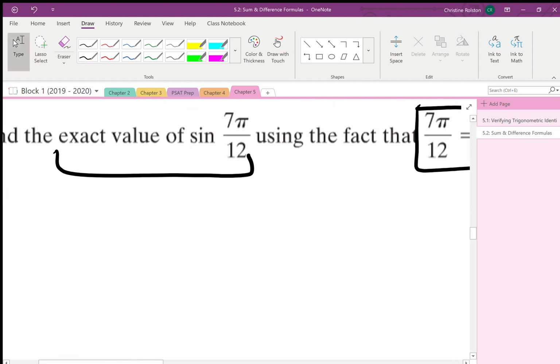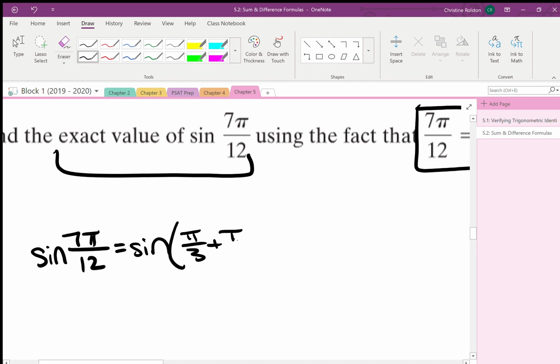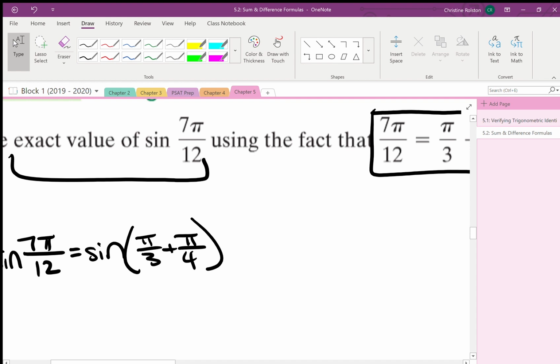So, basically it's saying sine of 7 pi over 12 is going to be the same as sine of pi over 3 plus pi over 4. Now, I see sine with plus.